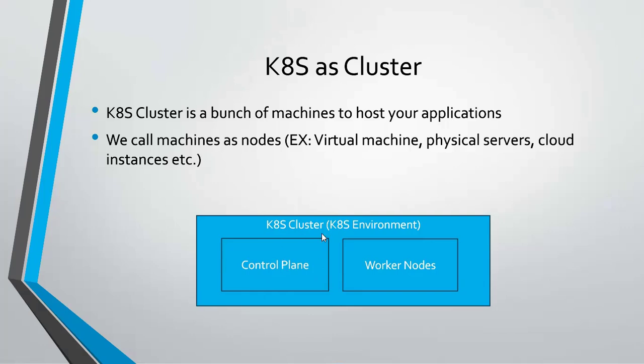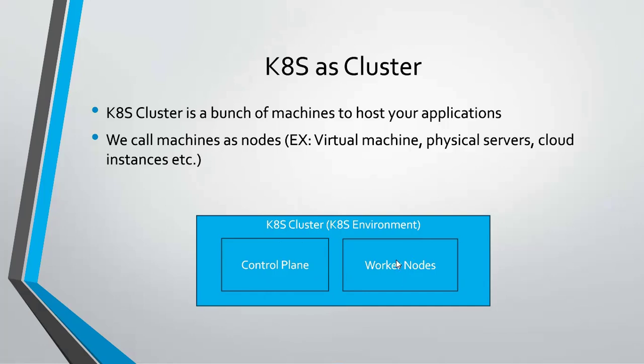So in the K8s cluster, you install Kubernetes. In that, we are going to add some virtual machines. We call them nodes. Those nodes we are making into two parts. One is the control plane node, and another is worker nodes.